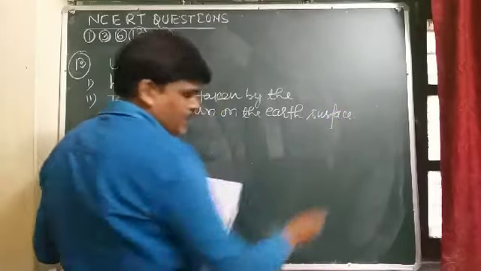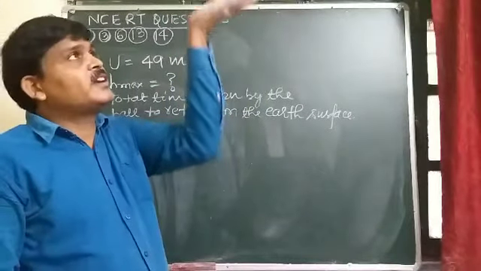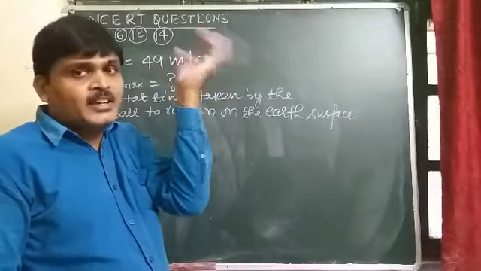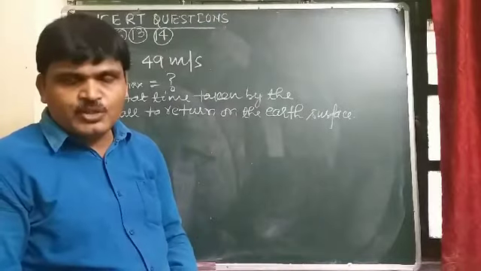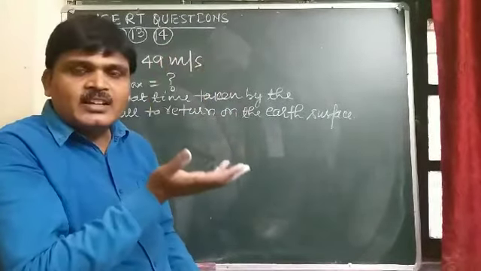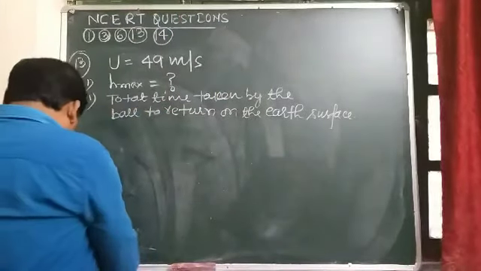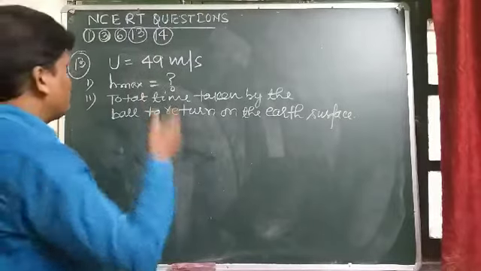And students, you know that when the ball is thrown vertically upward, when it reaches the maximum height, its final velocity is 0. And in vertical motion, acceleration due to gravity is taken to be negative, because the ball is thrown vertically upward.